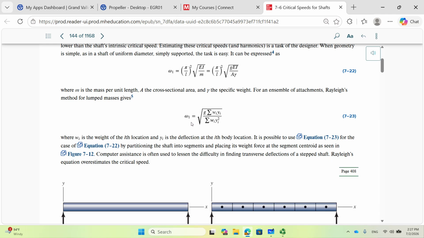In this equation, G is gravitational acceleration, and W or omegas are the weights of the machine elements sitting on the shaft, and Y is the deflection of the shaft where that machine element sits.